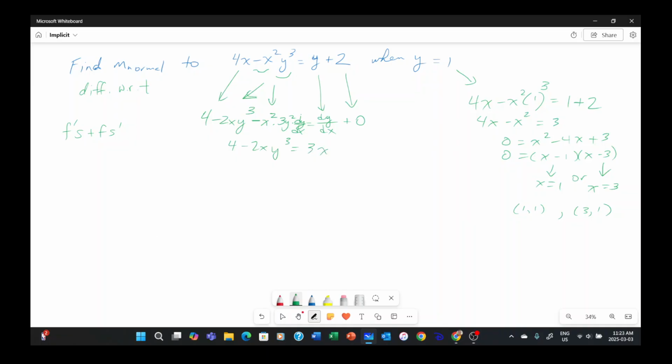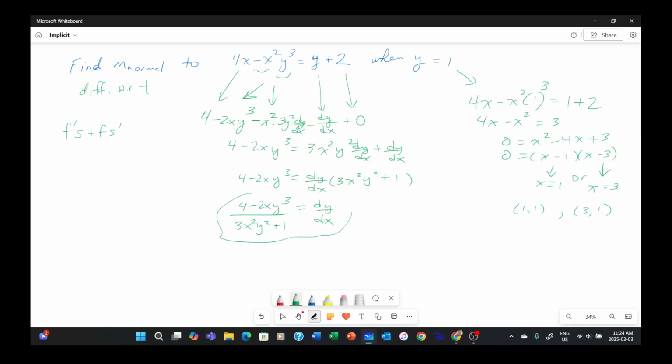So this is 3x squared y squared, the negative is now gone, dy/dx, plus another dy/dx. And then we're going to factor dy/dx out of these two terms. Some of you may not believe me on the first try, but you will start to get quite fast at this and you'll be very proficient at rearranging these quickly. And so dy/dx is 4 minus 2xy cubed over 3x squared y squared plus 1.